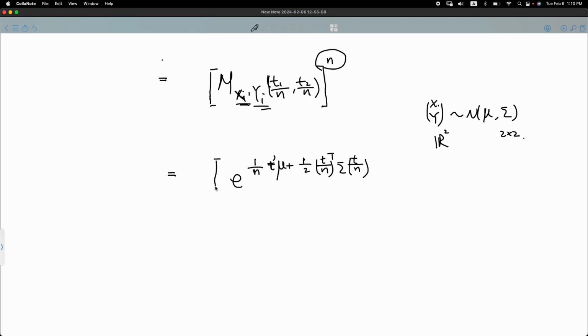Yeah, and then you have n copy of them. Here we just plug in the moment generating function because we know that x and y followed by bivariate normal.